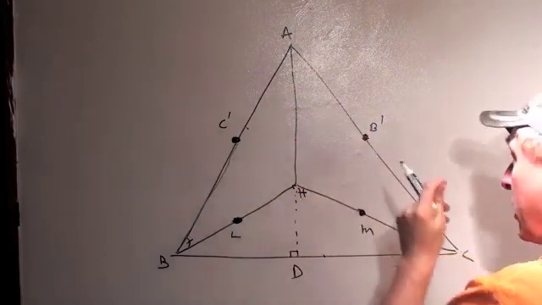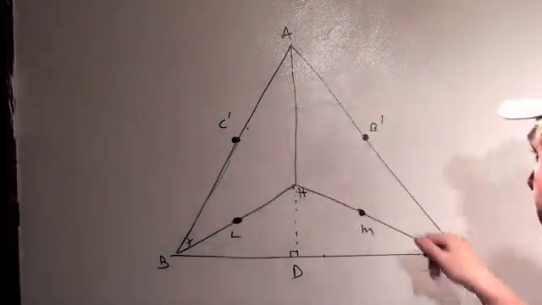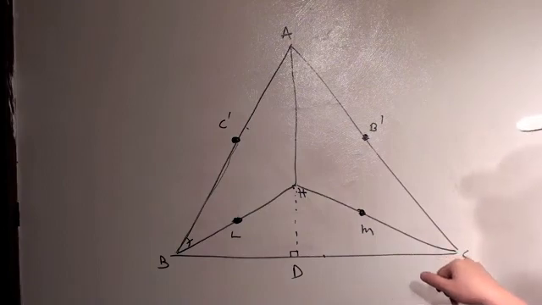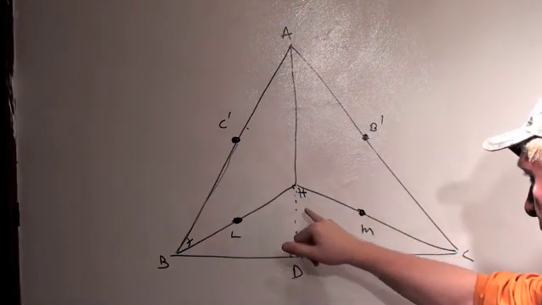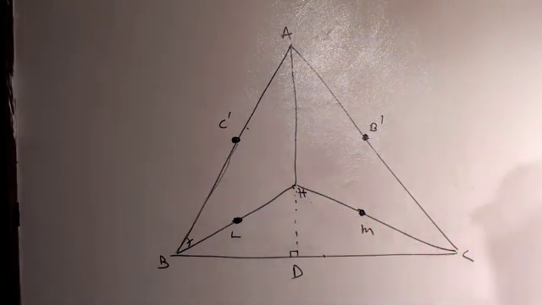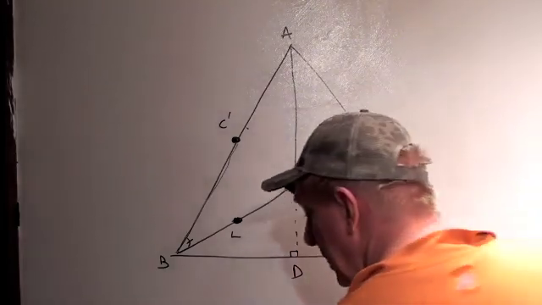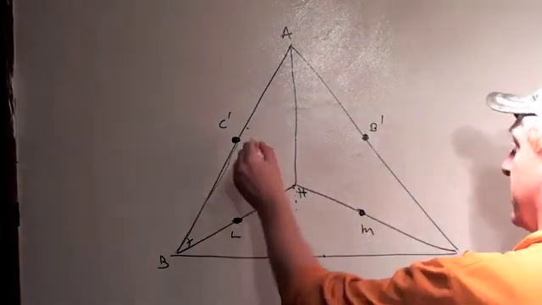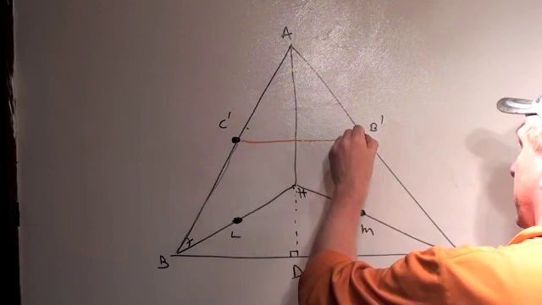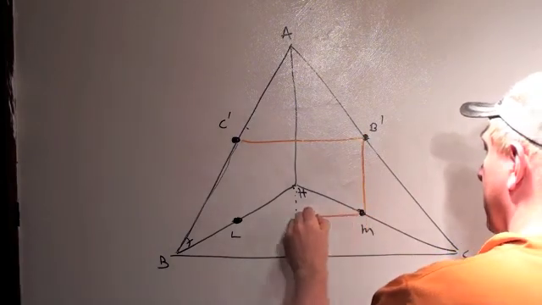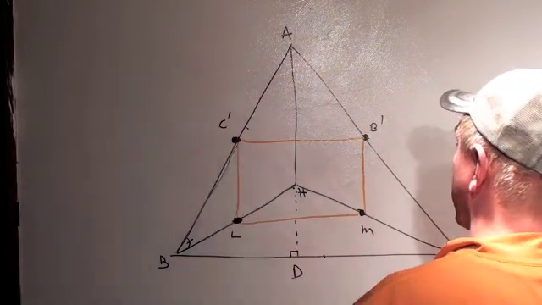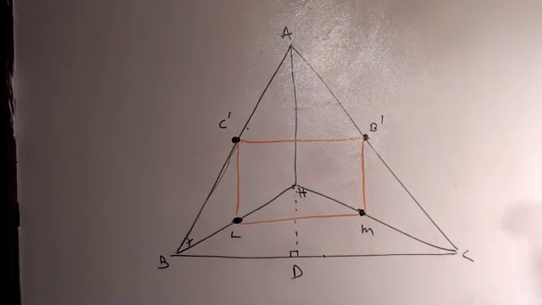So C prime and B prime are the midpoints of the sides, and M and L are the midpoints of HC and HB. And what we want to prove is that C prime, B prime, M, L is a rectangle.